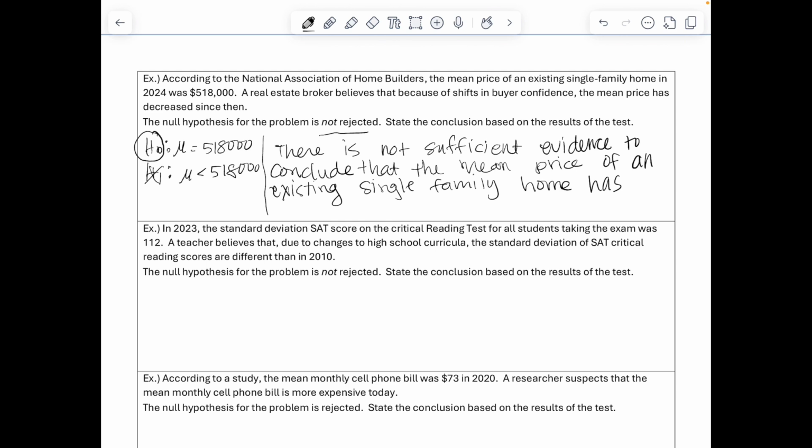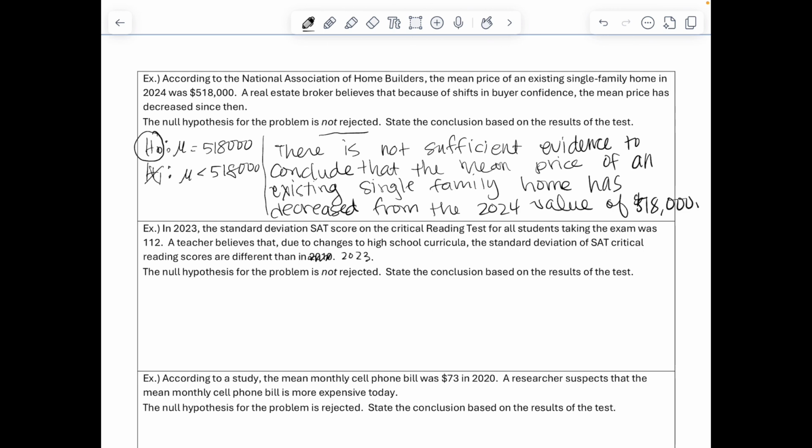And again, we need to talk about H1, and we're saying that it has decreased from the 2024 value of $518,000.